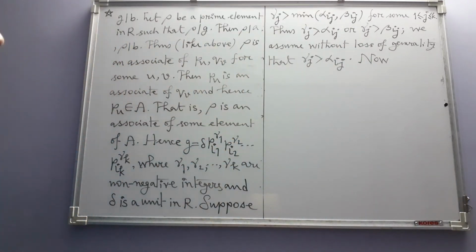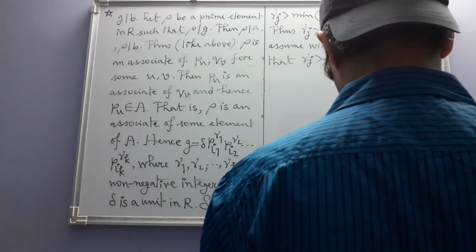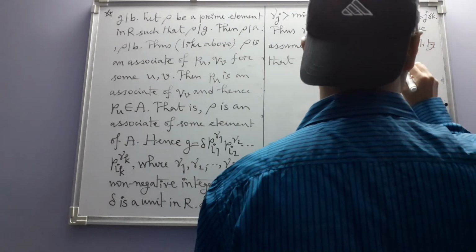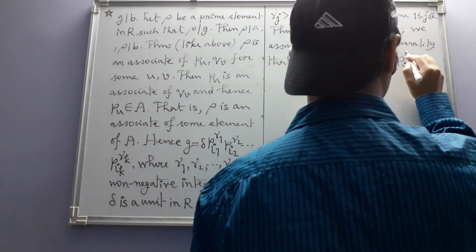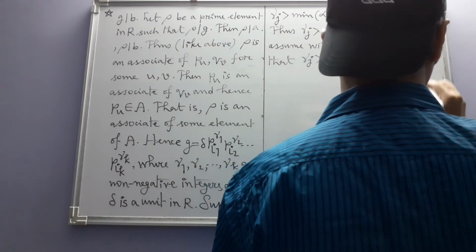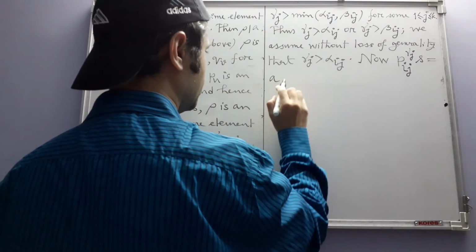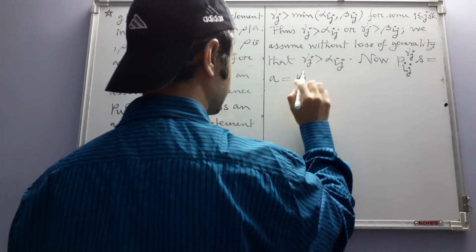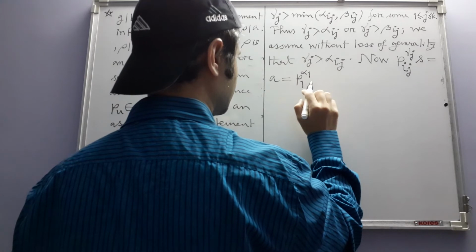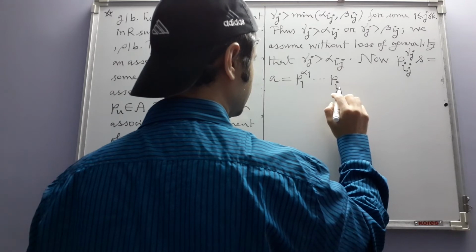Now we are again going to look at the prime factorization of A. It looks like this: Pij to the power gamma j times, say, S. This is equal to A, and A has its own factorization, P1 to the power alpha 1, up to Pm to the power alpha m.